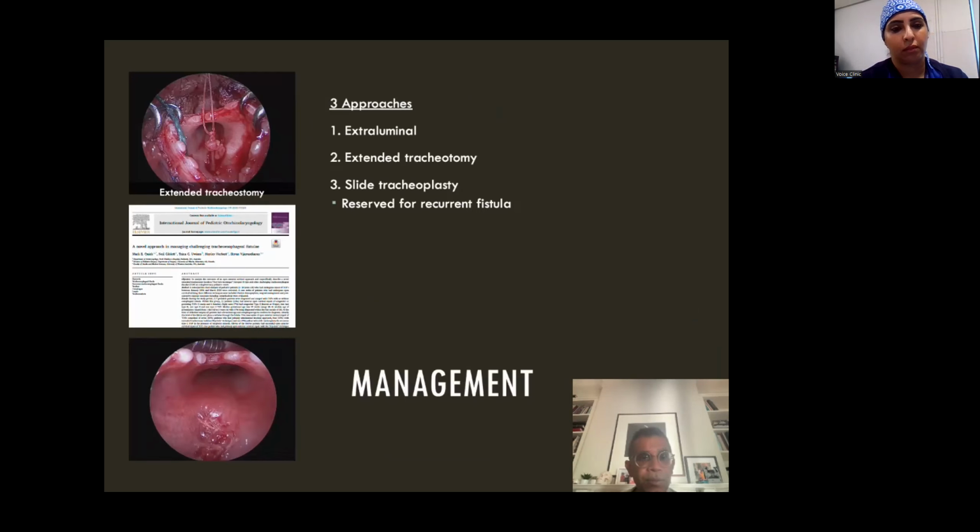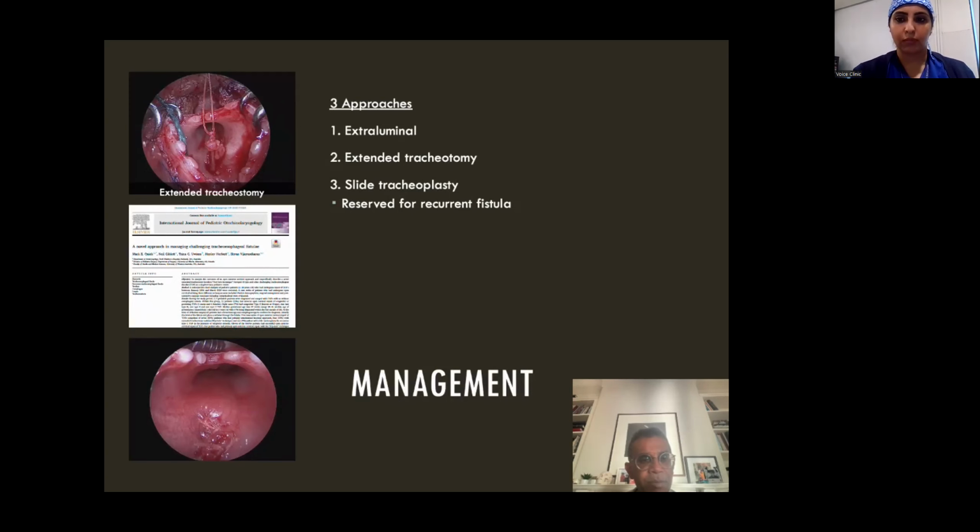The traditional approach to managing these H-type fistulas is an extraluminal approach with the patient intubated, the neck incision made, the fistula approached external to the esophagus and trachea, transected and ligated. We found that this technique increased the risk of injury to the recurrent laryngeal nerves, and often the fistula was very hard to find.